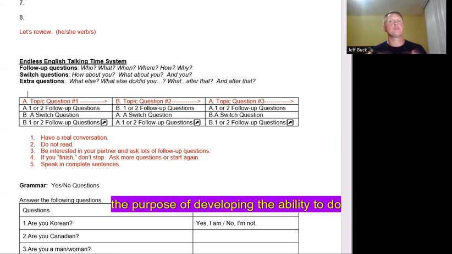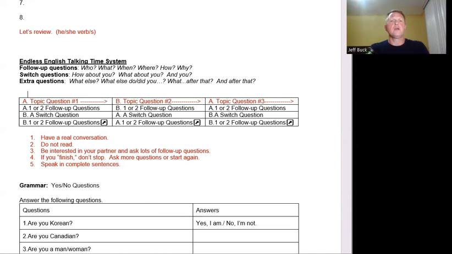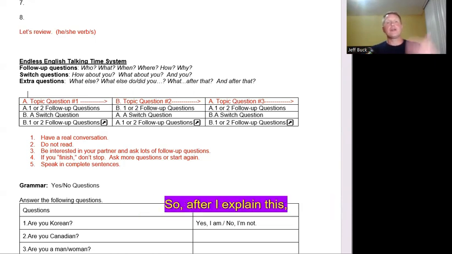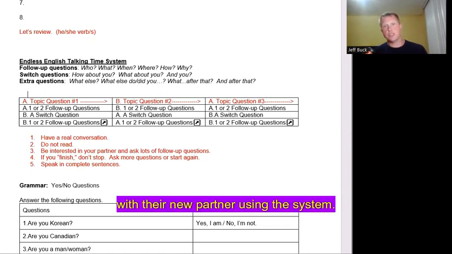For the purpose of developing the ability to do so, they should try to speak in complete sentences for the most part. So after I explain this, I give them new partners, and then they repeat the conversation with their new partner using the system.